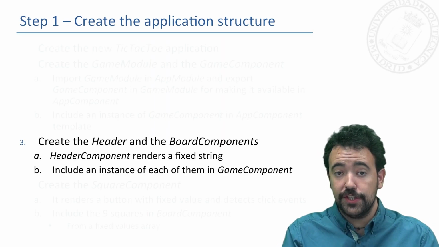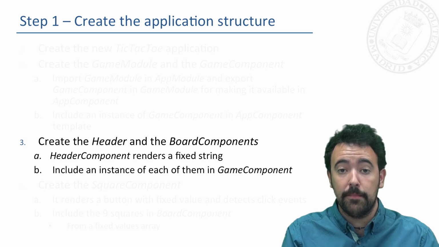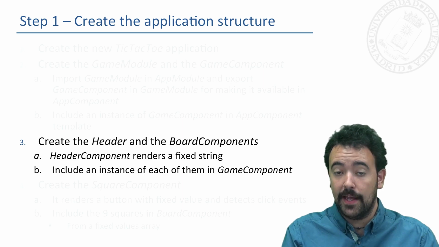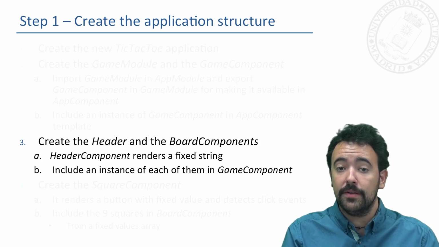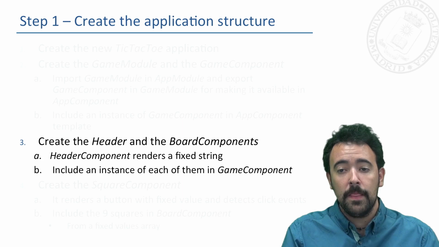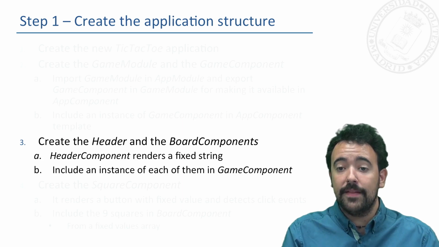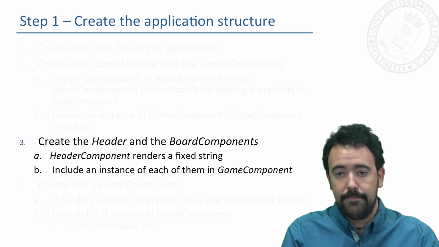The next step consists in creating the header and the board components inside the game module and including an instance of each of them in the game component. The board component will be empty by now, and the header component will render a fixed string with the turn of a random player.